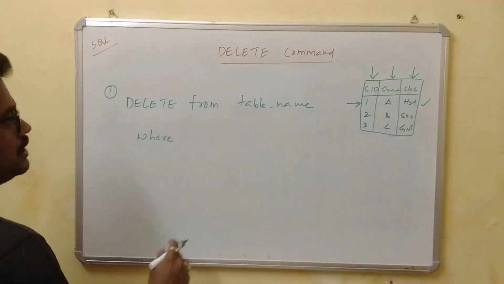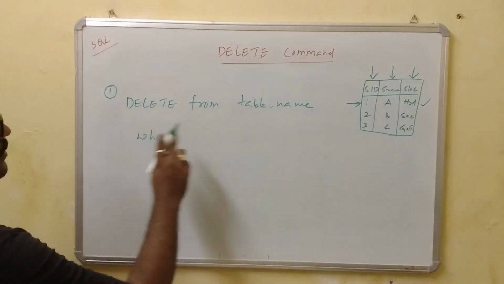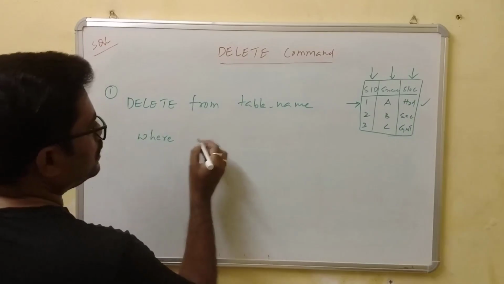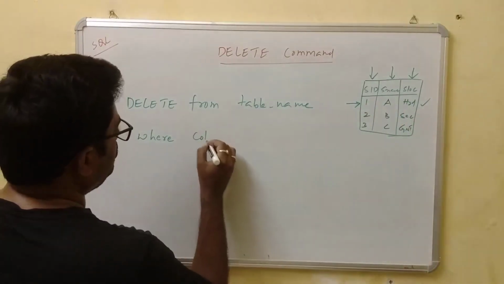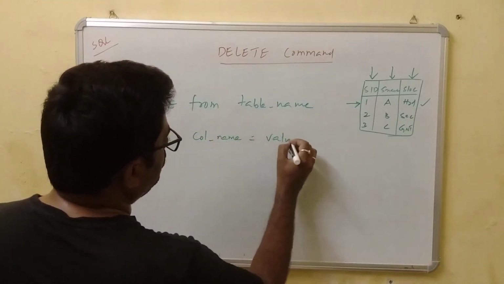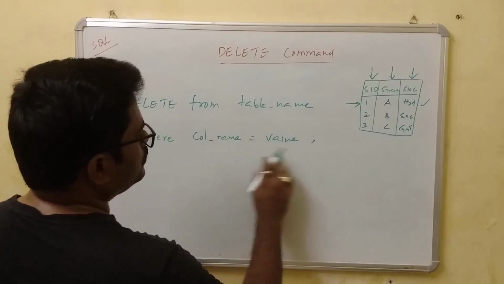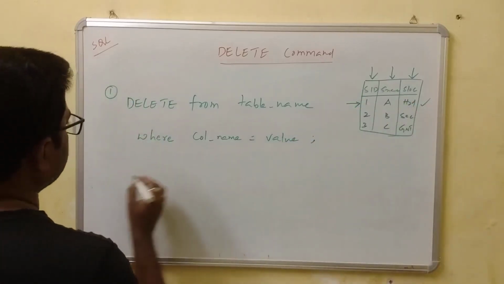Then by using the specific query, delete from table name where column name equal to value. Whatever value we want to give, we have to mention that value. So this is the first way.